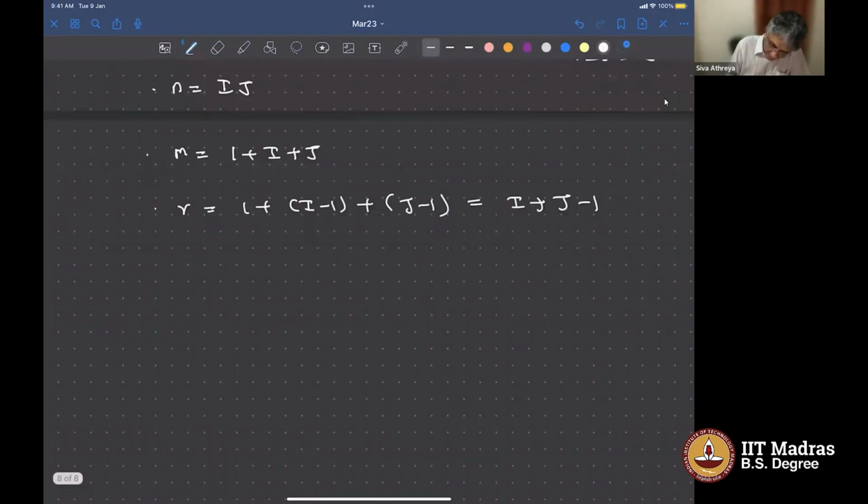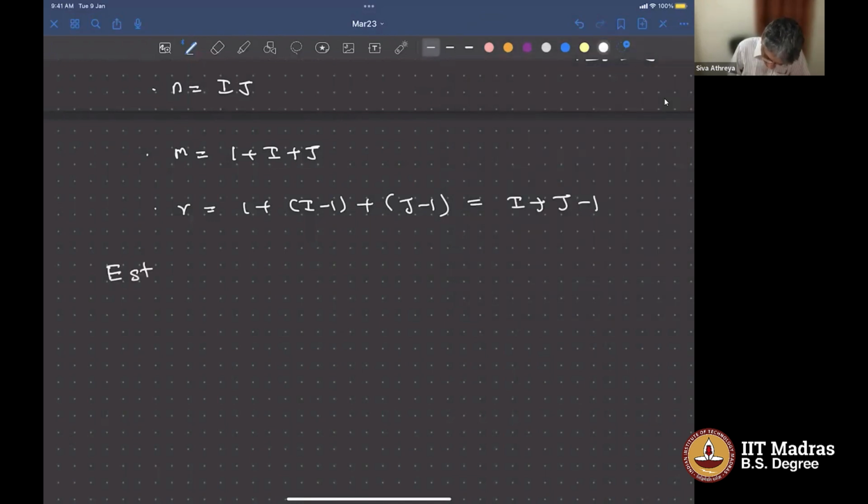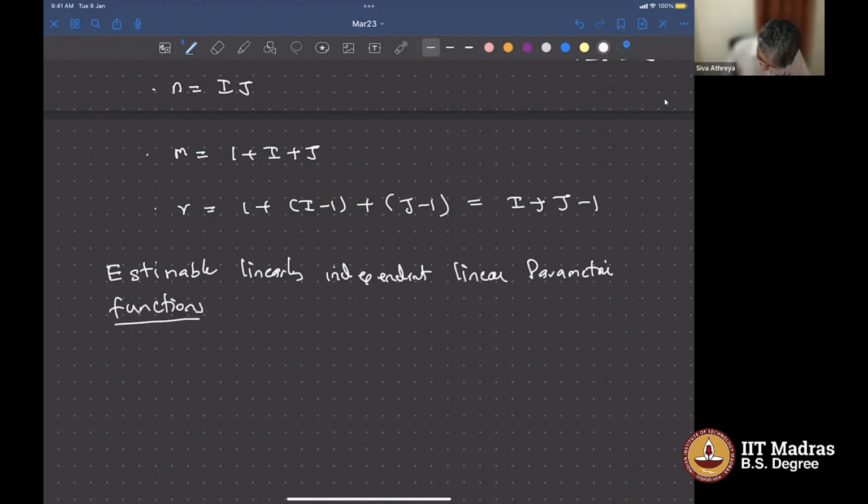Here again, one can check what the estimable linearly independent parametric functions are.